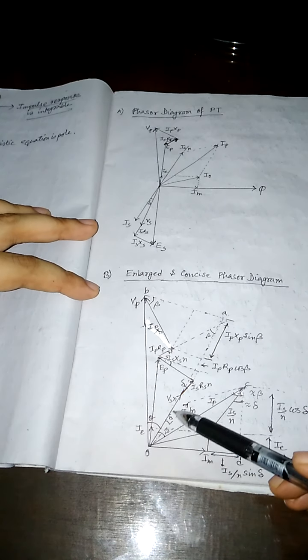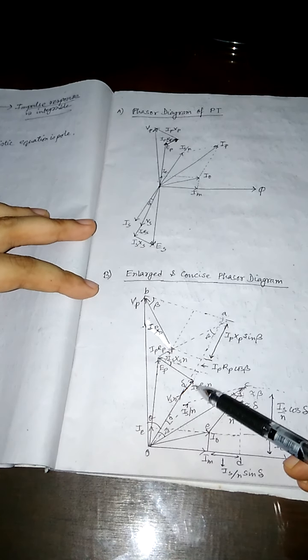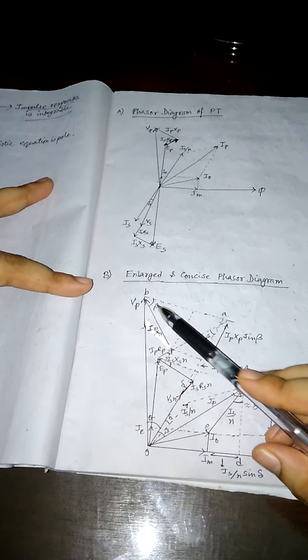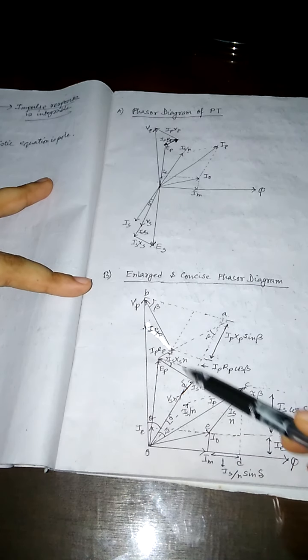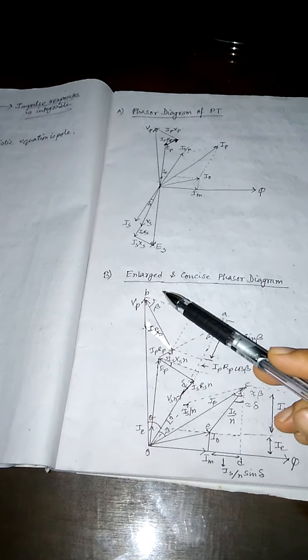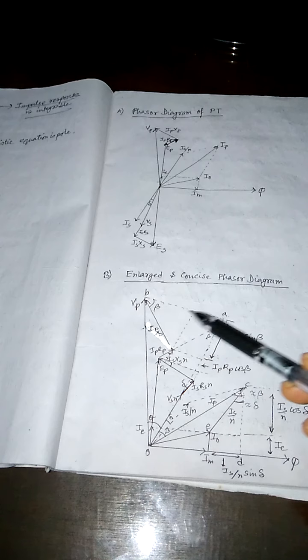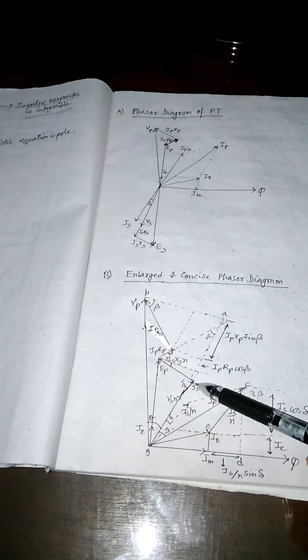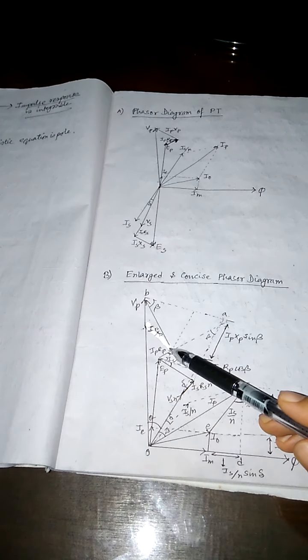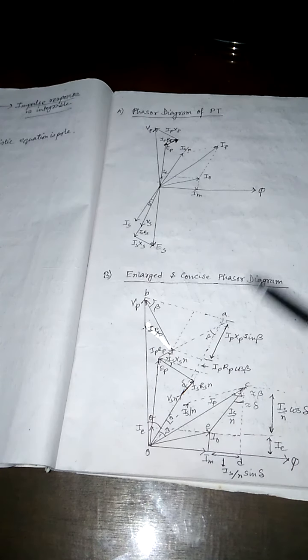Actually, what happens? Here there is the ISRS term, there is the ISXS term, the IPRP term and the IPXP term. So by considering this total, we can consider this VP cos theta. So that is NVS plus NISRS cos sigma plus NISXS sin sigma plus IPRP cos beta plus IPXP sin beta.